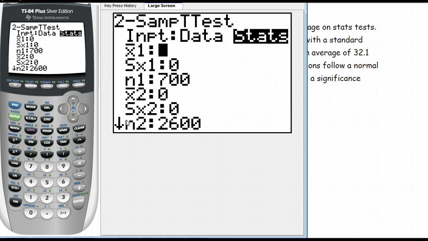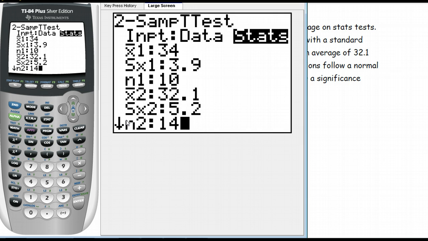It had an average of 34.0 and a standard deviation of 3.9, and an n of 10. And then the second population was my seniors. Seniors had an average of 32.1 with a standard deviation of 5.2. And the n2 there was 14 seniors.